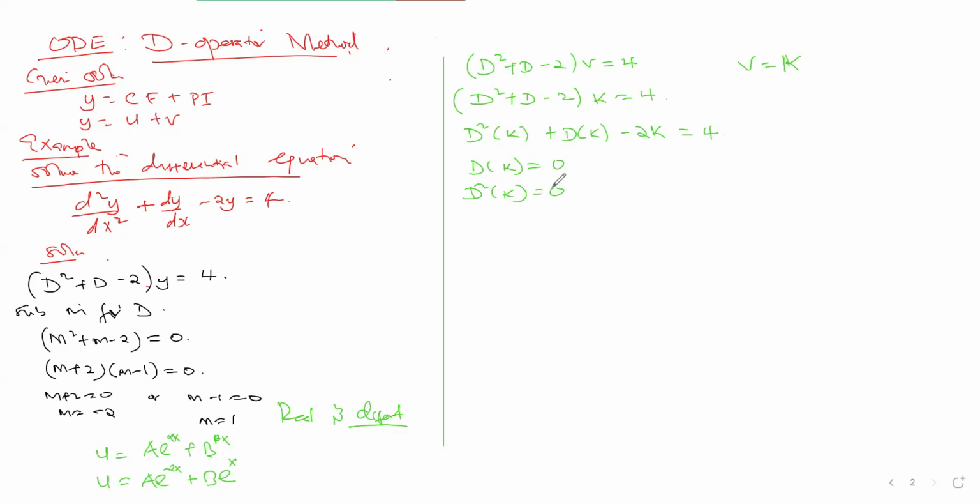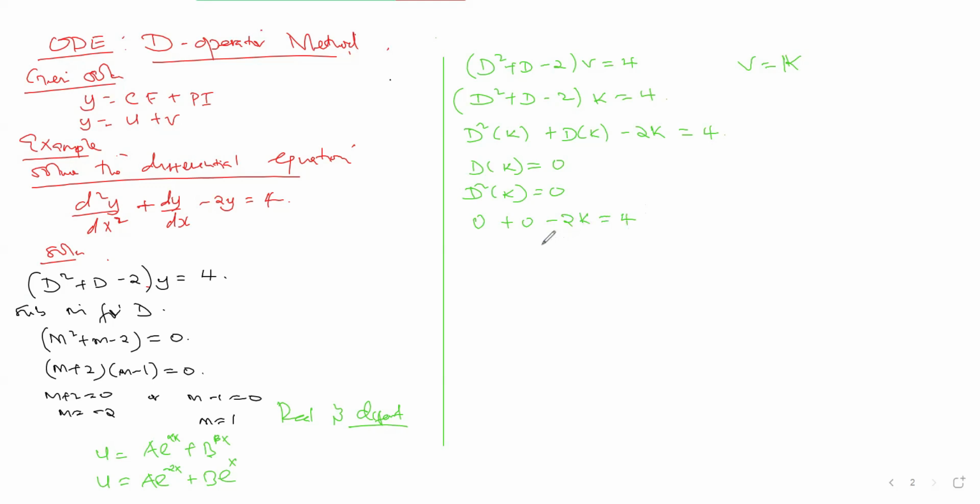So that is what we shall be doing: differentiate the function v once, twice, then replace the outcome in the whole equation. So the derivative of a constant twice is 0, and once is 0. Replace them here: 0 plus 0 minus 2k equals 4.